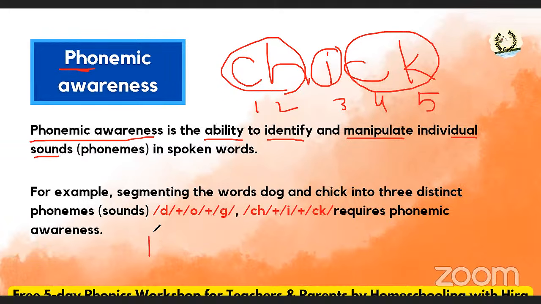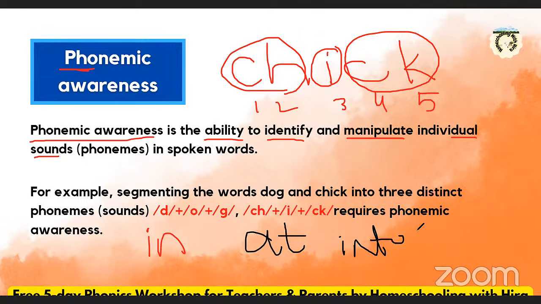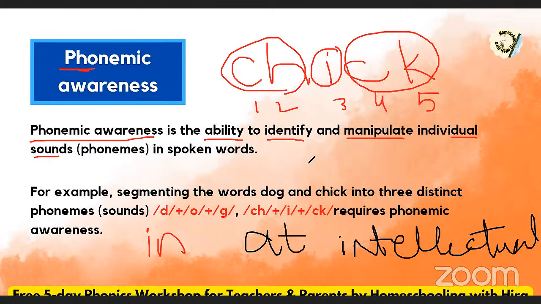This word can be as simple as in, it can be as simple as at, and it can be as complicated as intellectual. How many sounds are here? Or optimistic or optimism or whatsoever. So if the child is good at phonemic awareness, it's a plus point.